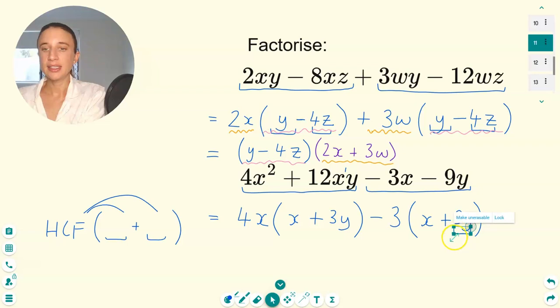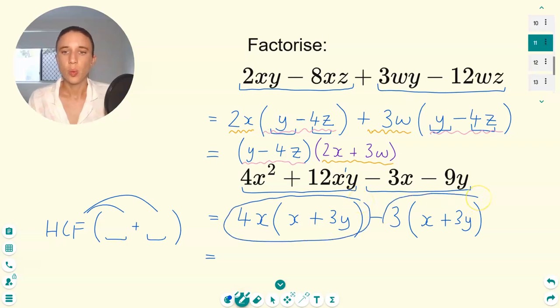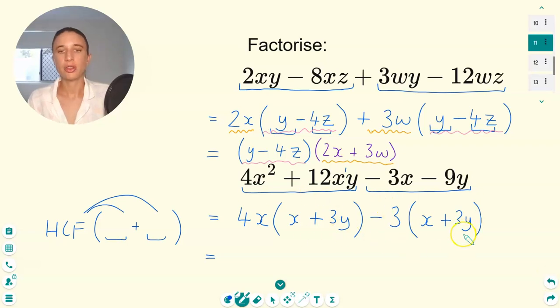And our next step. Any ideas? We want to end up with something like that in order to fully factorize it. We want to end up with 2 pairs of brackets when there's 4 terms like this. So I'm looking at this and I can see, what's my common factor between those 2 terms?